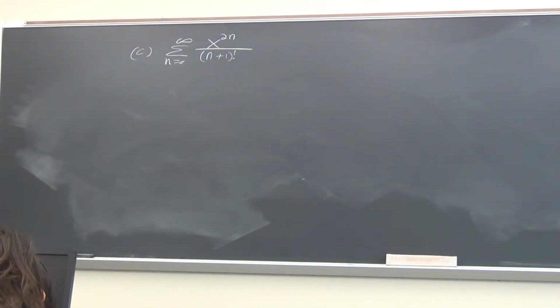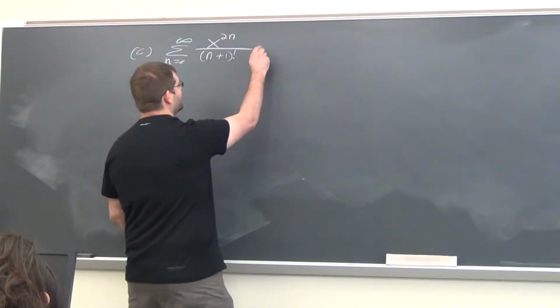So we're trying the same thing here. So try the ratio test. Let me point out one thing real quickly. This on the surface has a slightly different form because it's x to the 2n instead of x to the n. But if we plug in 0, what do we get?